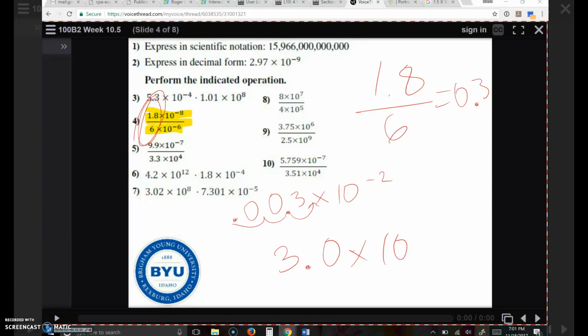Now we moved it over 1 more, so we're going to have to change that to -3. In order to get it all the way over to here, now we have to move it 3 places instead of just 2. Do you see that? So the best answer, I would argue, is right here. 3.0 times 10 to the -3.